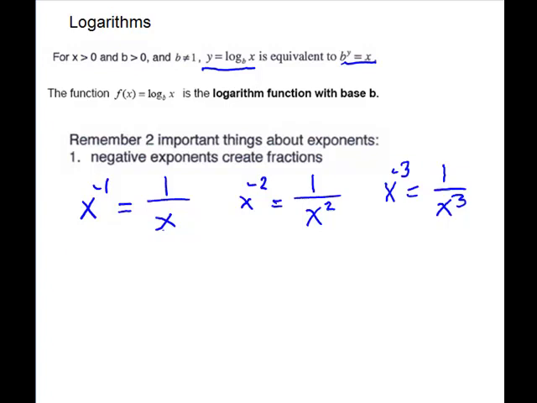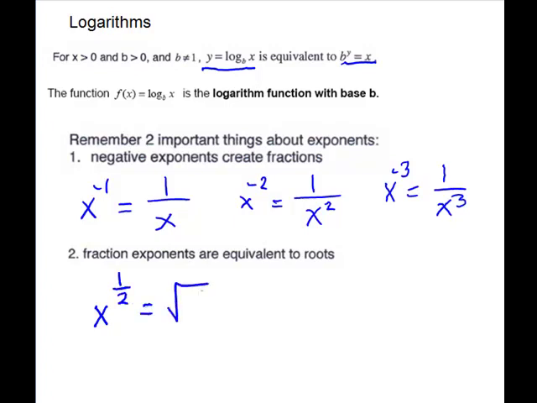Also remember that fraction exponents are equivalent to roots. So x to the 1/2 is the square root of x. X to the 1/3 is the cube root of x.